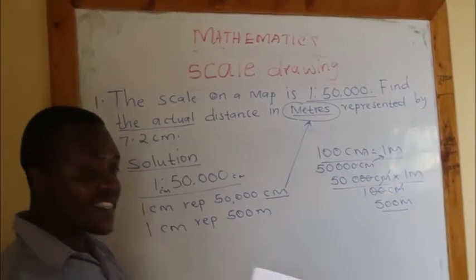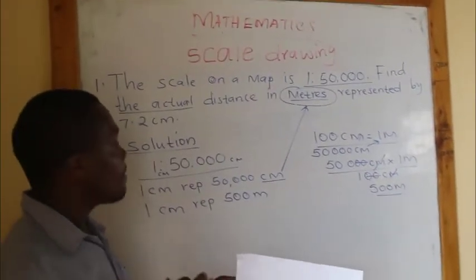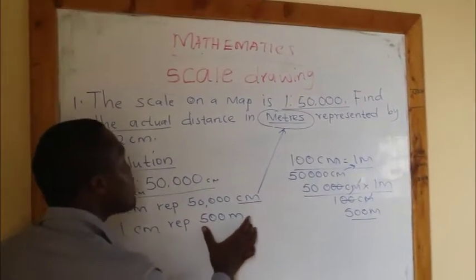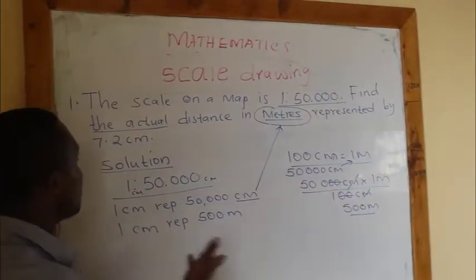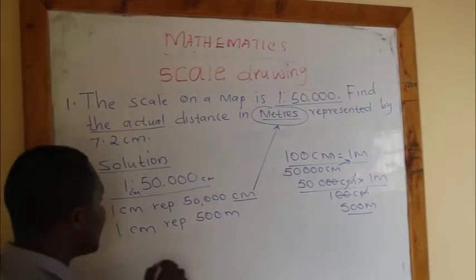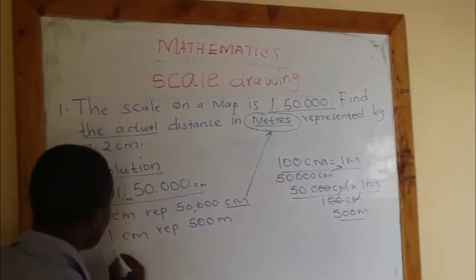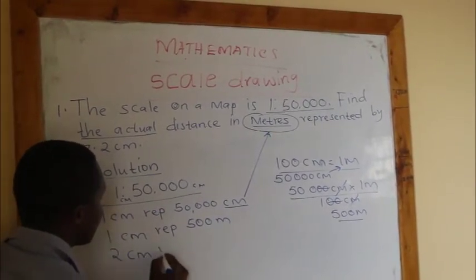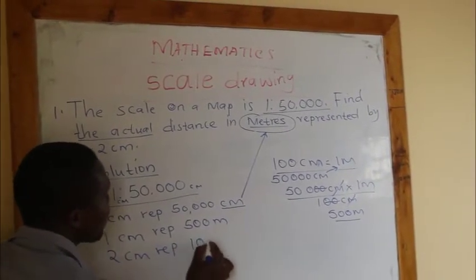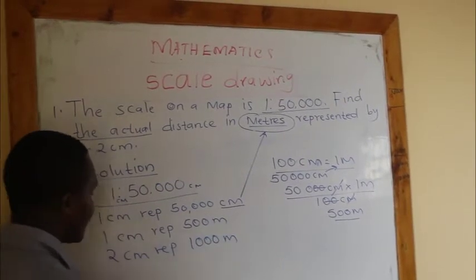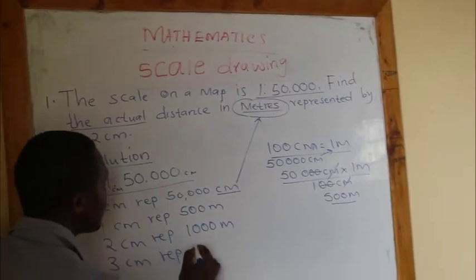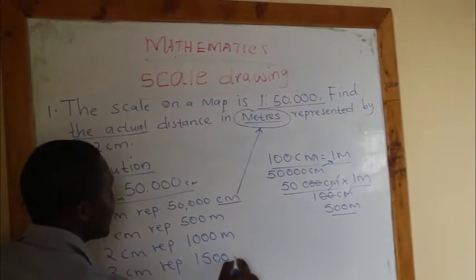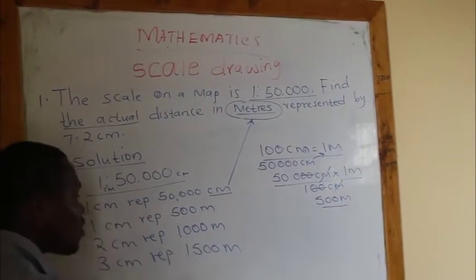If I draw 1 centimeter on this piece of paper, I have represented 500 meters of a distance outside. If I draw 2 centimeters here, I represent 1,000 meters. If I draw 3 centimeters here, I will represent 1,500 meters, and so on and so on.